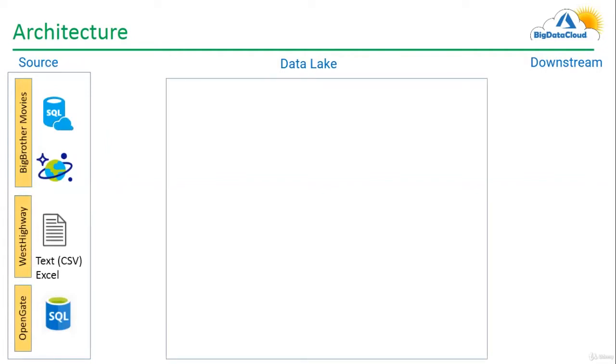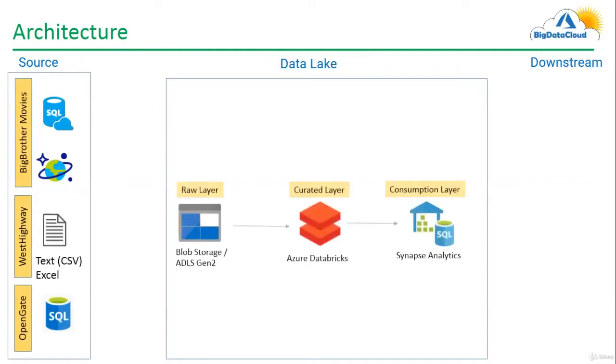Let us see what is there inside data lake. Data lake has 3 layers. First one is raw layer, second one curated, and third one is consumption layer. Raw layer is nothing but blob storage or Azure Data Lake Store Gen 2.